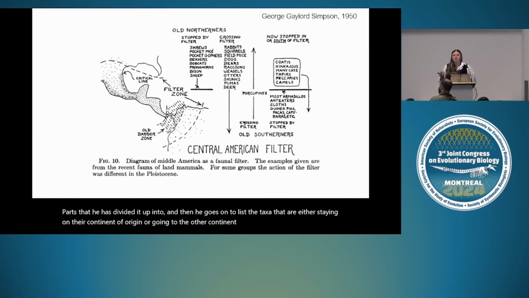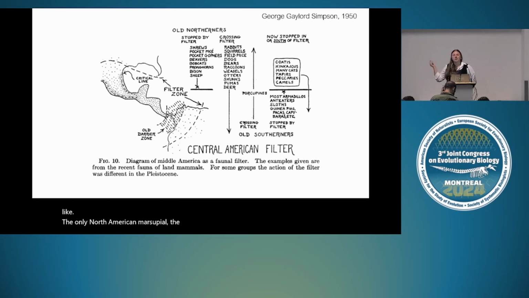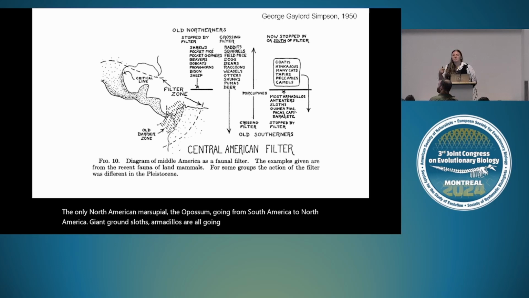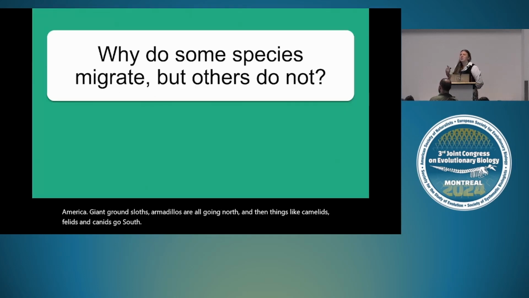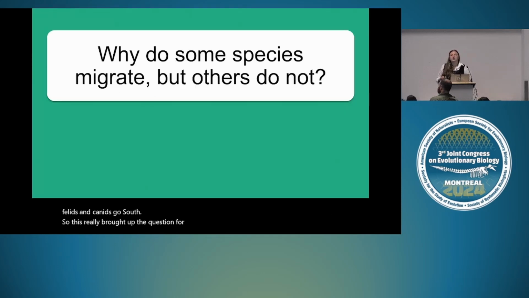These include groups like the only North American marsupial, the opossum, going from South America to North America. Giant ground sloths and armadillos are all going north, and then things like camelids, felids, and canids go south. So this really brought up the question for me: why are some of these groups migrating but others aren't?